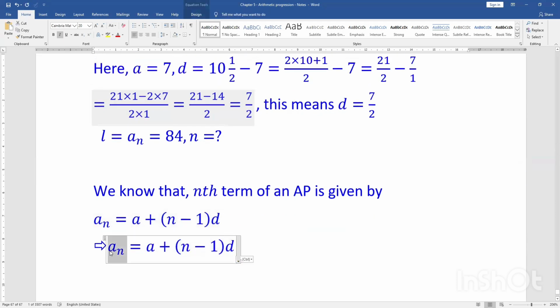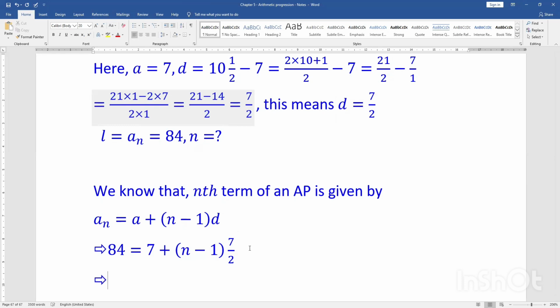So an will become 84. What is the value of a? a is 7, right? So I write it as 7. Do you know the value of n? n I don't know. What is the value of d? d is given to be 7 by 2. That's why I write the formula and then do the substitution, so you can understand it properly.